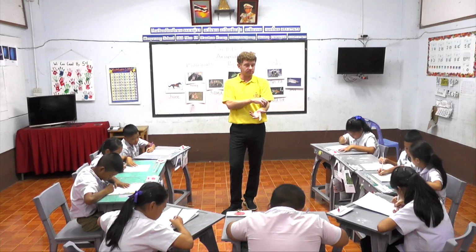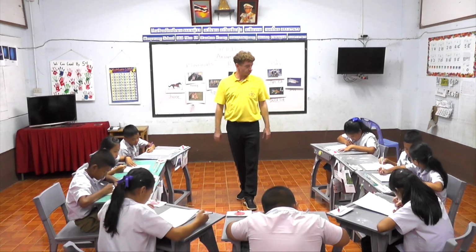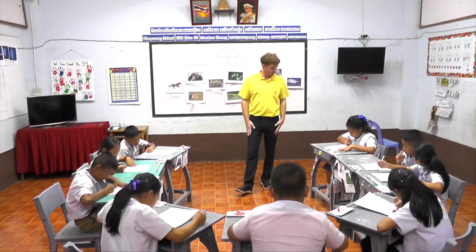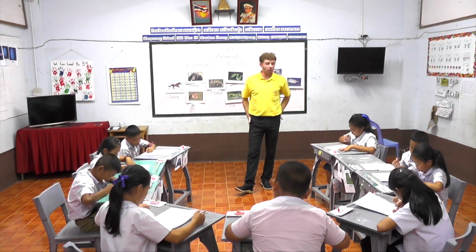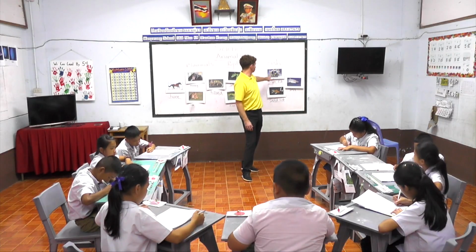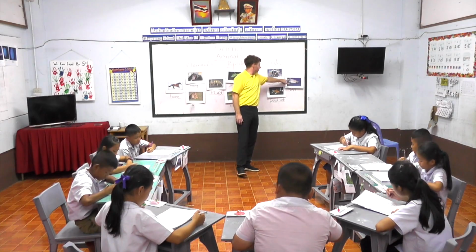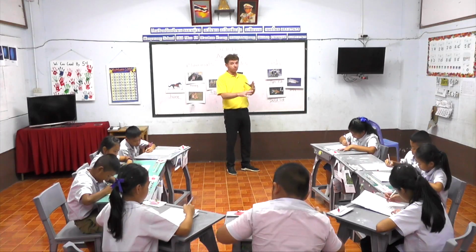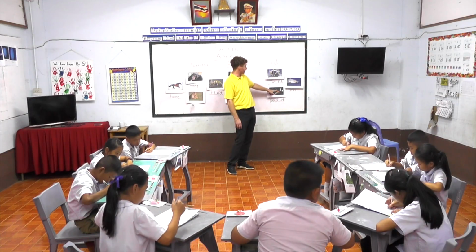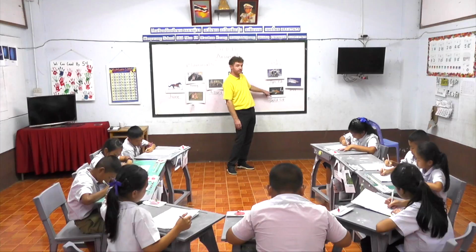Fish have scales. And all fish have two things, fin and tail. You see? Tail and fin. Yes, either way is good, but all fish have a fin and a tail to help them swim.